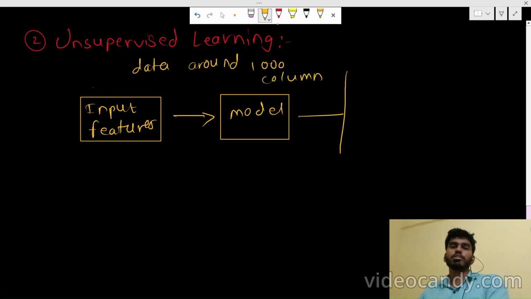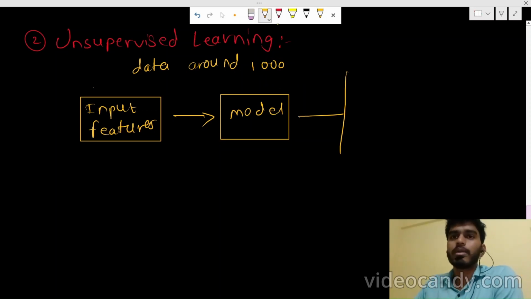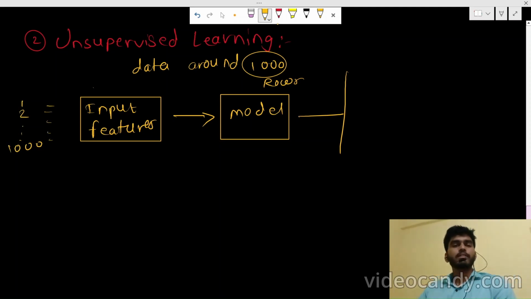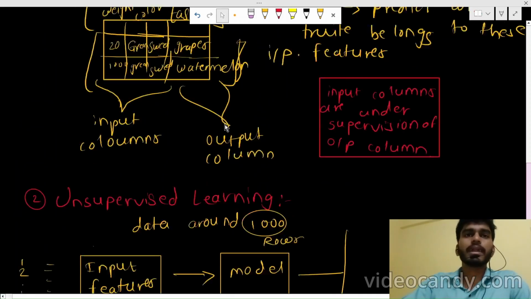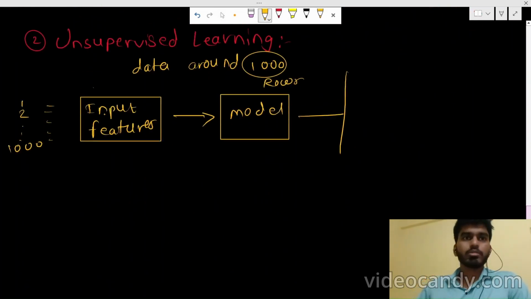It's not necessary that there should always be 1000 rows, but for example, let's take one example: you have input data with 1000 rows, and you have input features similar to what we already observed: weight, color, and taste.